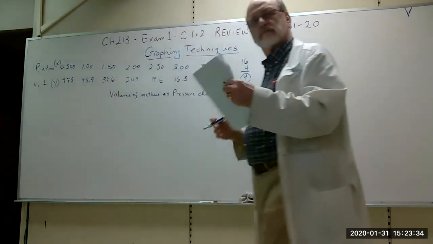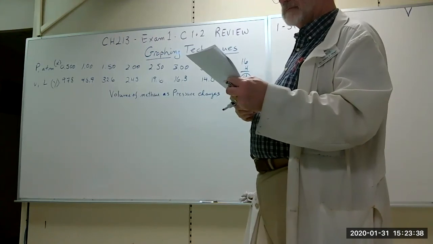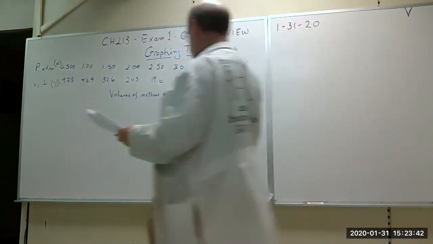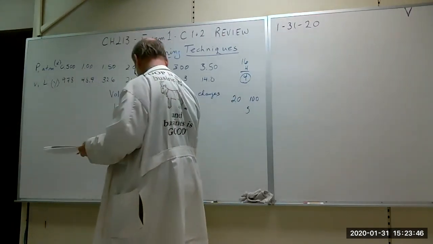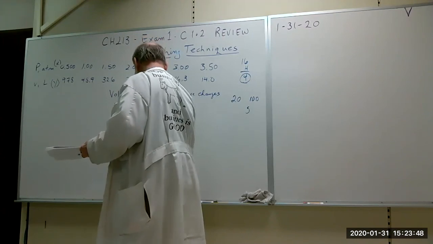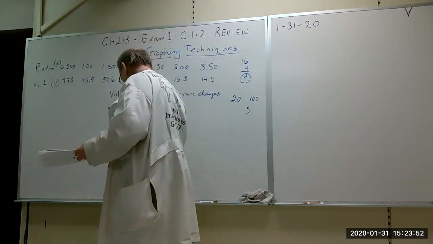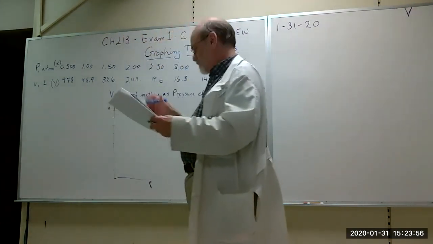Something like that. Okay? And then you got your portrait. You got your labels down here. Pressure, volume, title, mark off. And then you plot your points.